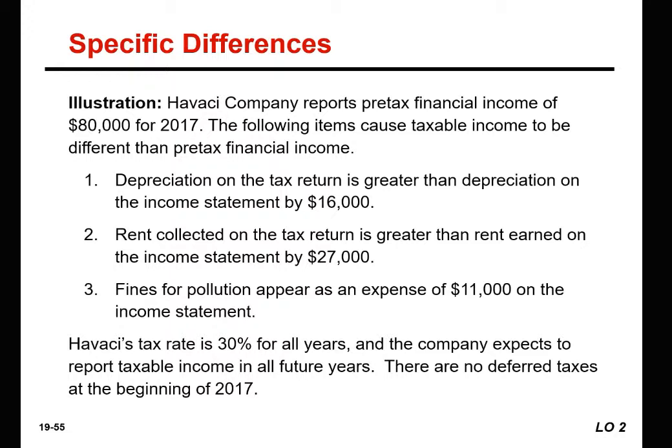Rent collected on the tax return is greater than rent earned on the income statement by $27,000. And fines for pollution appear as an expense of $11,000 on the income statement. Havachi's tax rate is 30% for all years, and the company expects to report taxable income in all future years. There are currently no deferred taxes at the beginning of 2017.